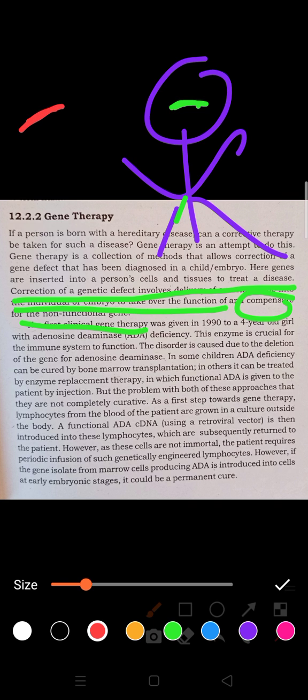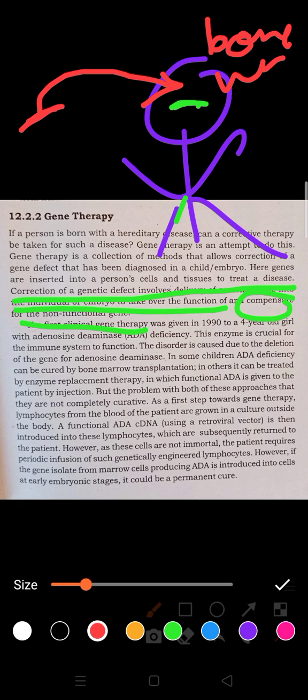Then with the help of genetic engineering you inject it inside the bone marrow of this patient. Okay, which gene? Normal gene. Then when this normal gene is injected in the bone marrow, it combines with the whole genome of the individual, and lymphocytes especially, and then they work normally. This is one process.